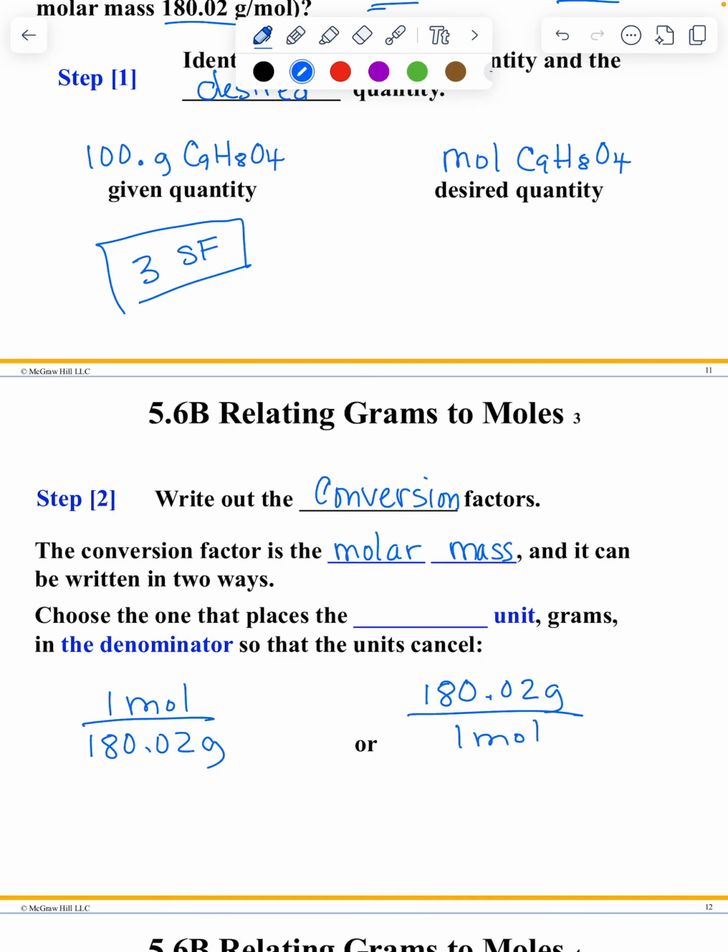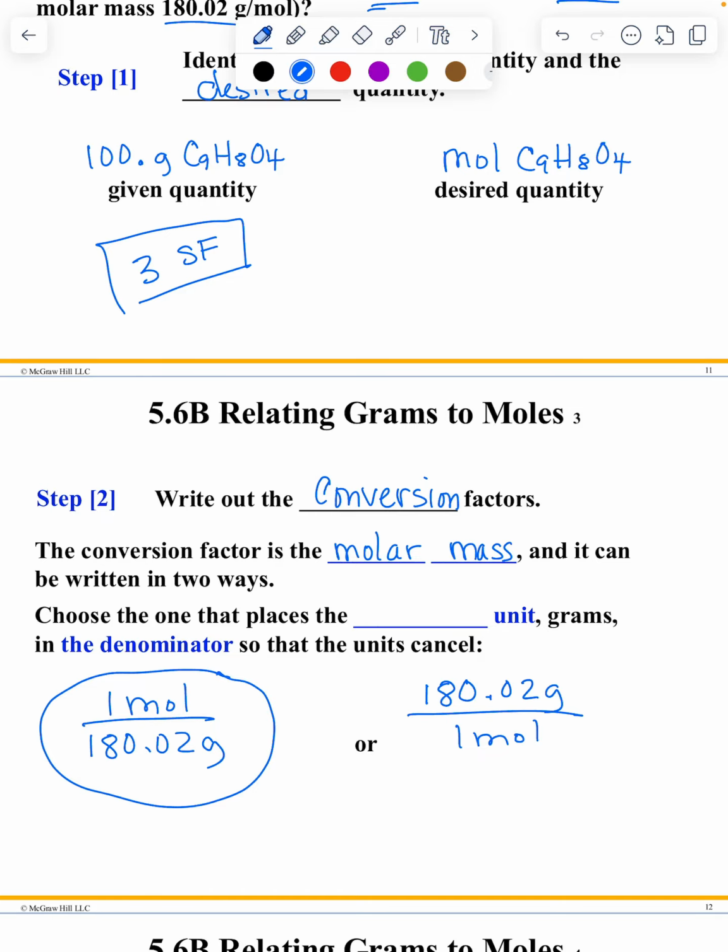Now we want to choose the conversion factor that has our given quantity in the bottom of the fraction. Our given quantity was 100 grams, so we choose the conversion factor that has grams in the bottom, so that the grams can cancel.